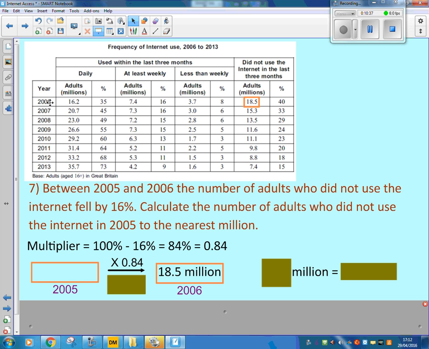We're told the number in 2006, and we want the number a year earlier in 2005. So because you're working backwards, instead of multiplying by 0.84, we just divide by 0.84. So 18.5 million divided by 0.84 is 22 million. It says give the answer to the nearest million, so you'll notice I've rounded it to 22 million.